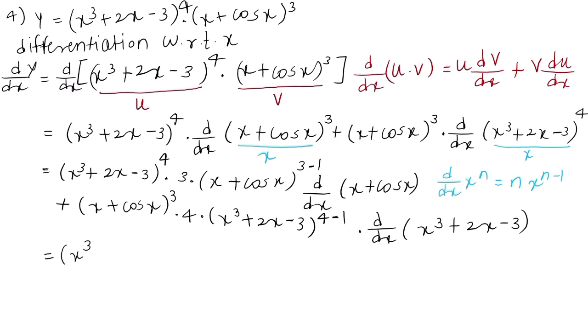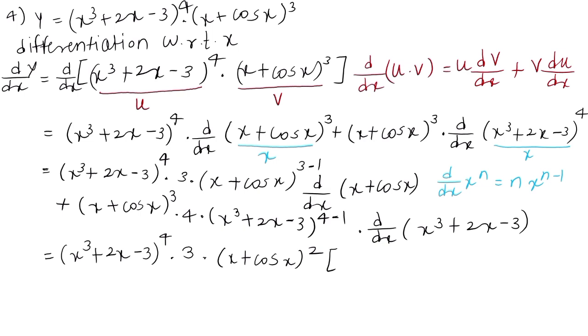We will write first expression as it is, that is (x cube plus 2x minus 3) raised to 4, 3 into (x plus cos x) bracket square, because 3 minus 1 is 2, and differentiation of x plus cos x.